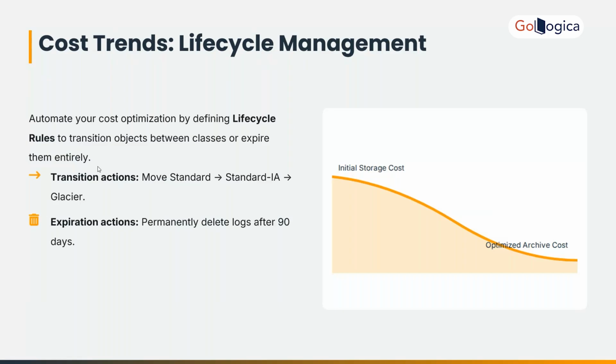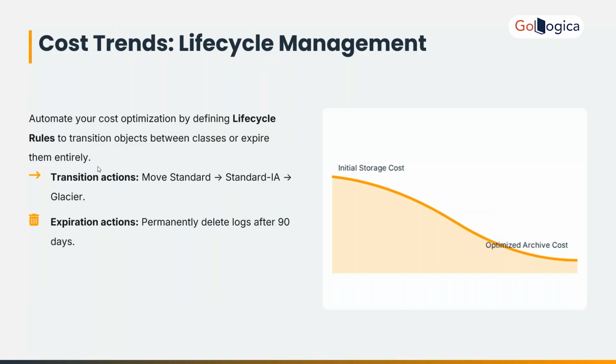And maybe after a year, I just want to permanently delete that data. In that life cycle rule, I can create such a rule, and it will automatically manage my data life cycle. So I don't have to manually remember that I need to delete that data, or move that data from this class to this class. I don't have to do these manually.